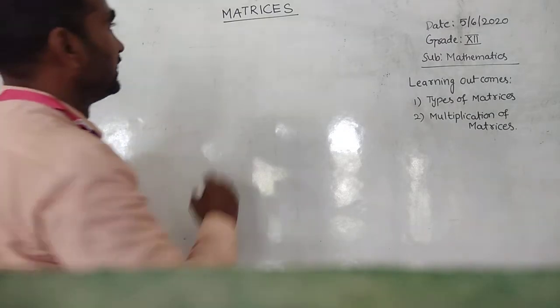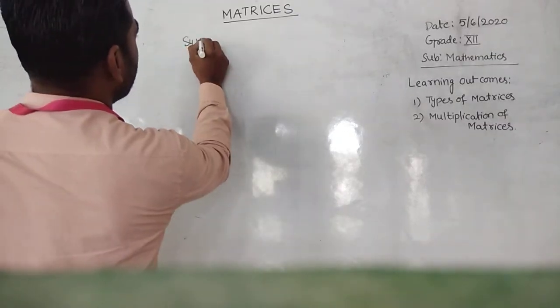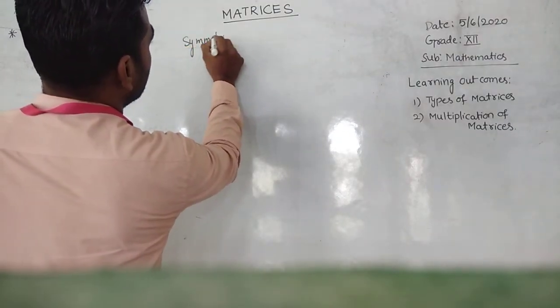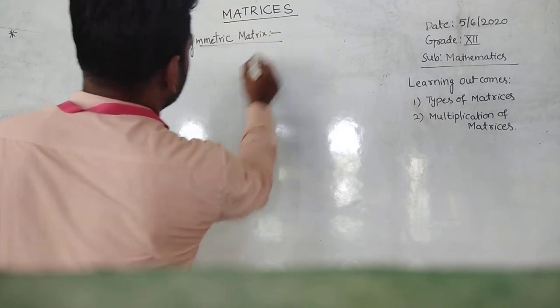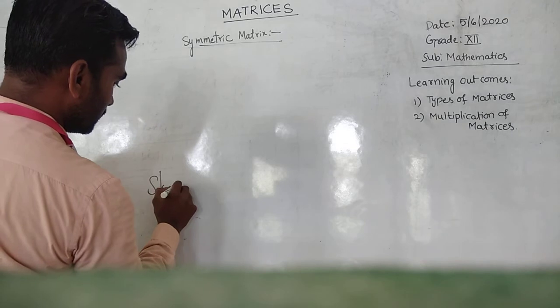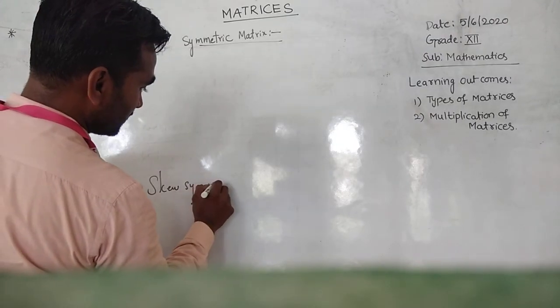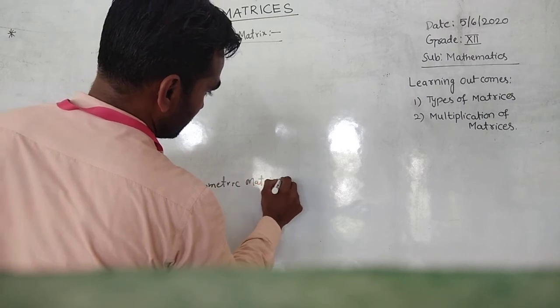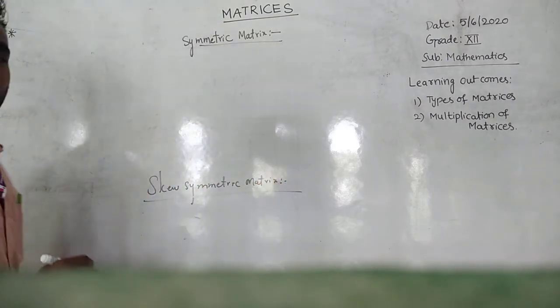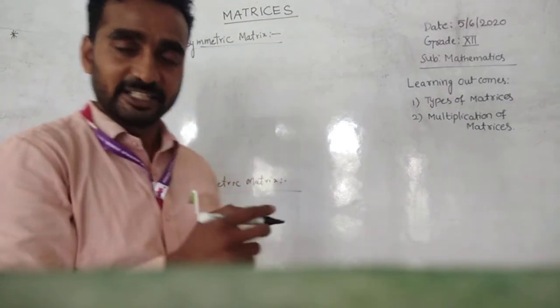Symmetric matrix and skew symmetric matrix. Symmetric matrix: A is any matrix.